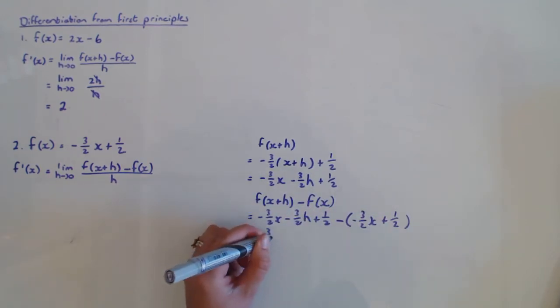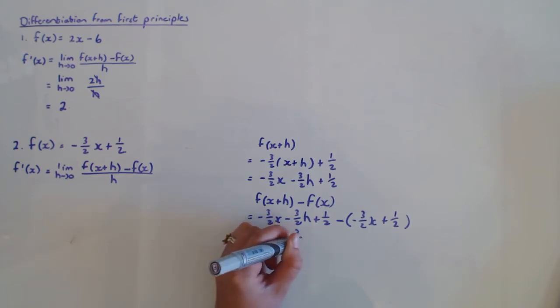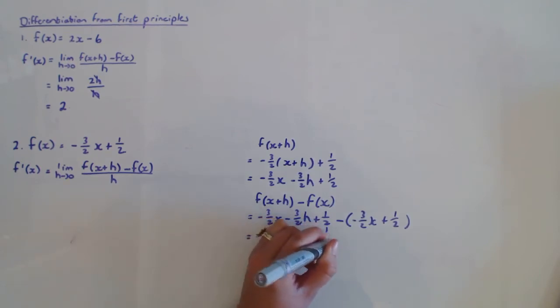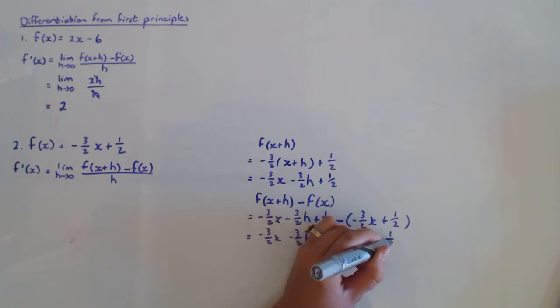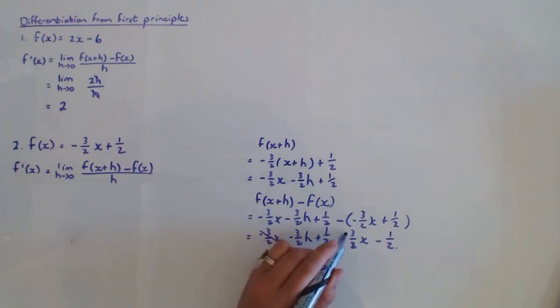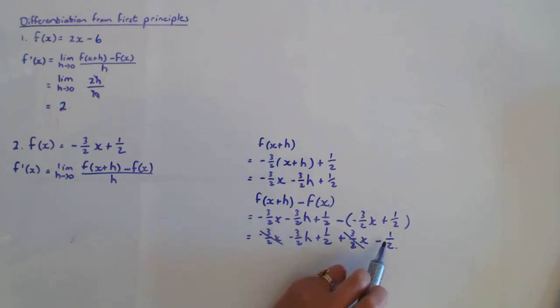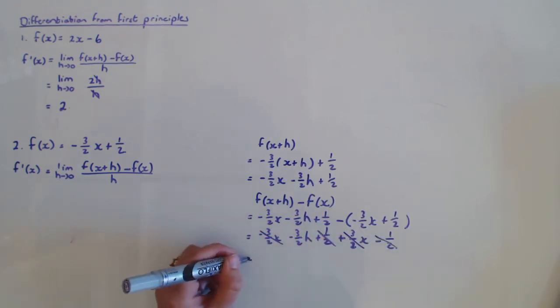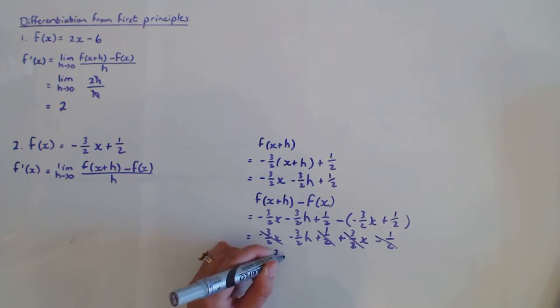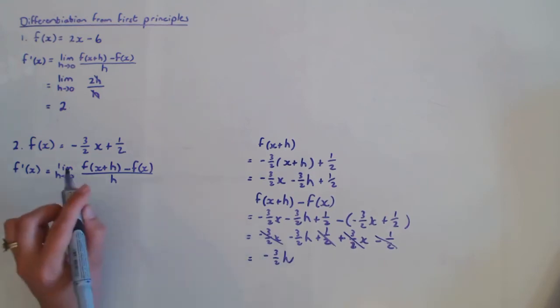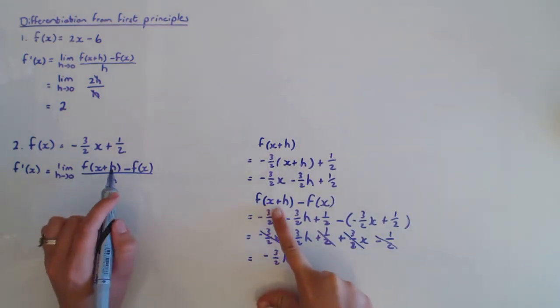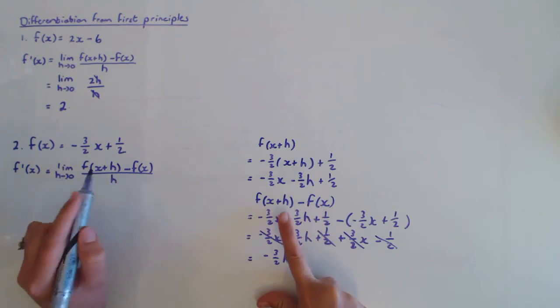And then if I multiply in this negative, it becomes positive 3 over 2x, negative a half, and this can cancel out, so negative 3 over 2x plus 3 over 2x is 0, a half minus a half is 0, and this is simply just negative 3 over 2h. Right, so then this I can substitute into the place of my numerator because that's what I actually worked out here, you see.